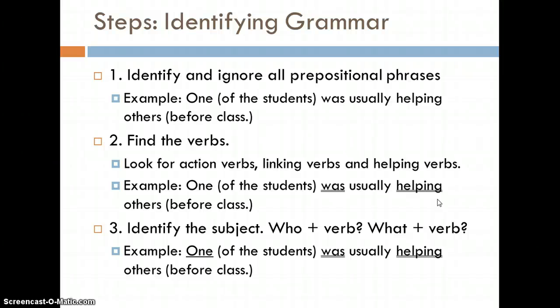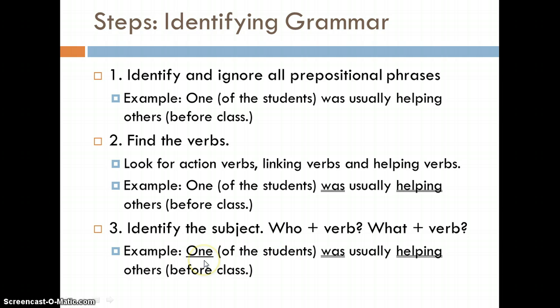And the subject is the person or the thing who is doing that action. So we can find the subject by asking who did the verb. Who was helping? Or what was helping? Well, who was doing that helping? Well, we know it was one of the students. But because of the students is a prepositional phrase, our subject cannot be within that prepositional phrase.